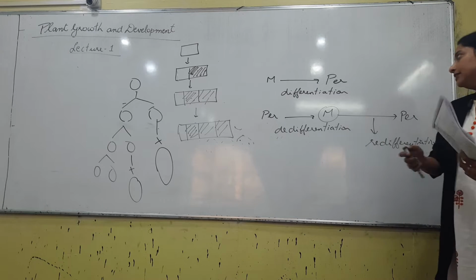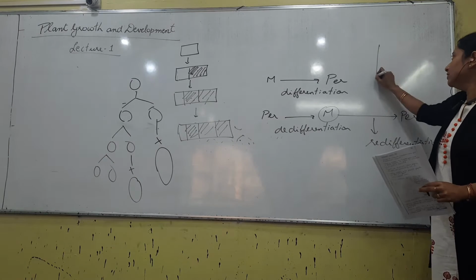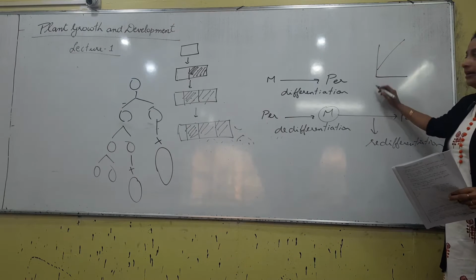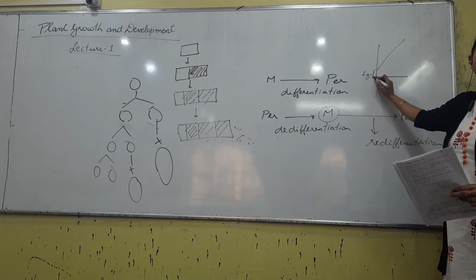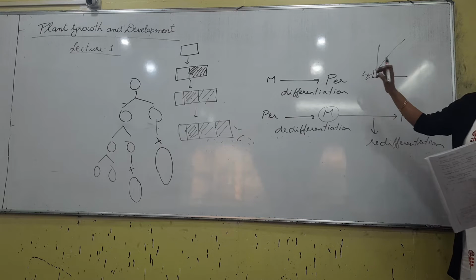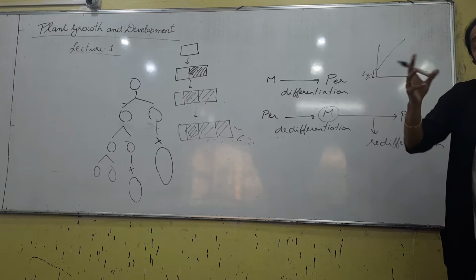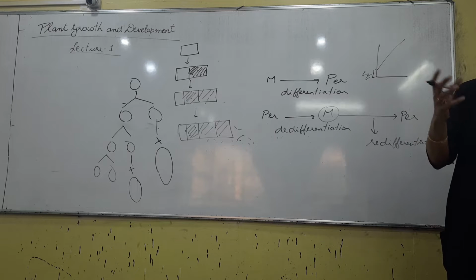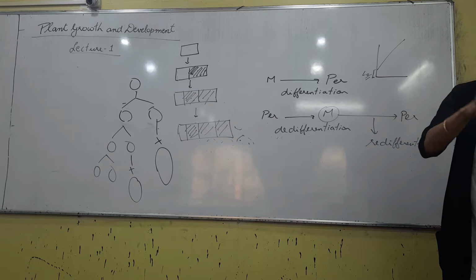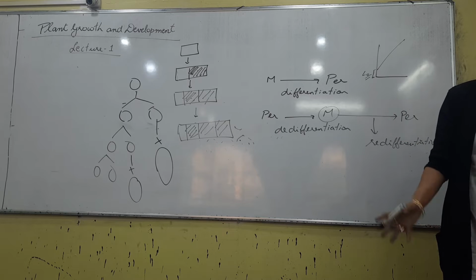And if you are talking about Lt, and there is a graph, no? Graph analysis, right? L0, what is L0? The initial growth, no? Because if you are talking about any organism, the best example is human beings. A baby, before it is delivered, has already grown inside the mother's body.